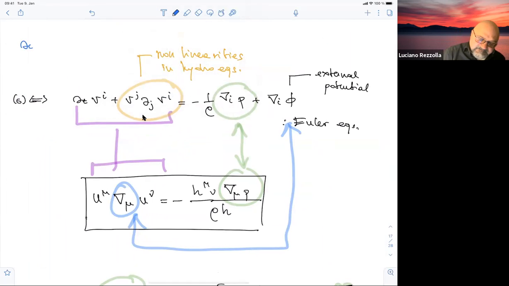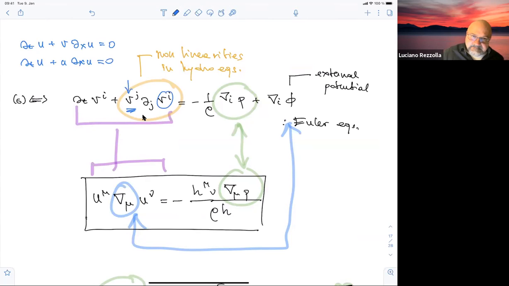The advection equation is dt u plus v dx u equal to 0, okay? So if this v is equal to a constant, then you have a linear equation. dt u plus u dx u, we've seen this is a nonlinear equation. That's exactly what we have here, because this is u, okay? It's the same object that we're taking a derivative of. And that is why the hydrodynamic equation, in particular the Euler equation, gives rise to shocks.